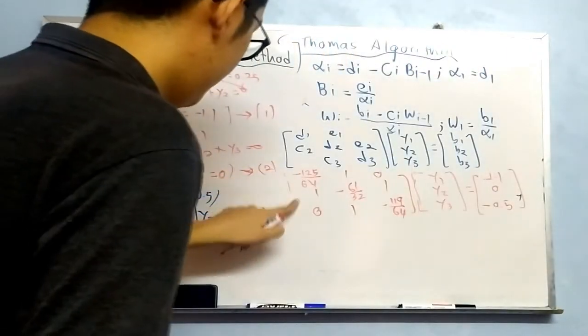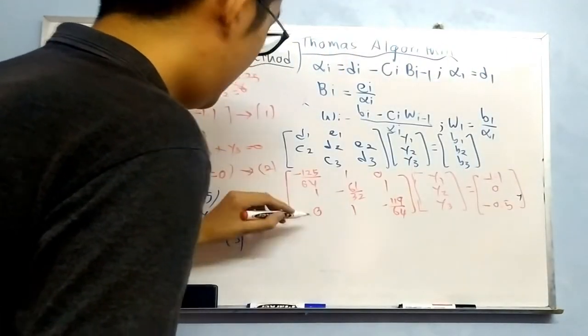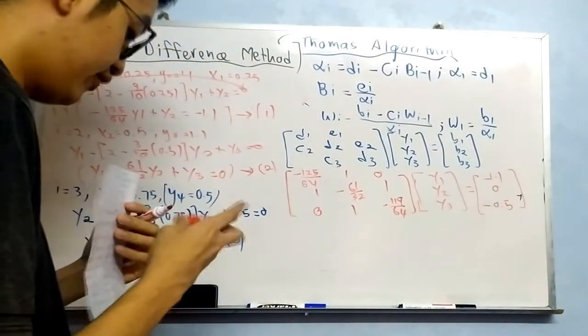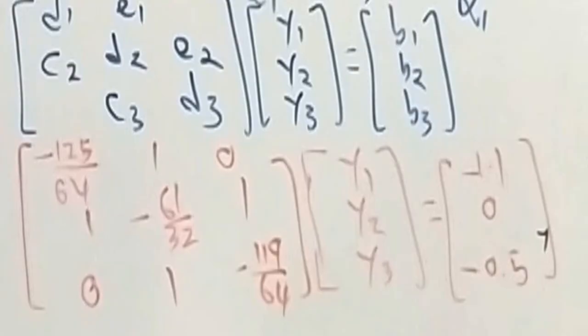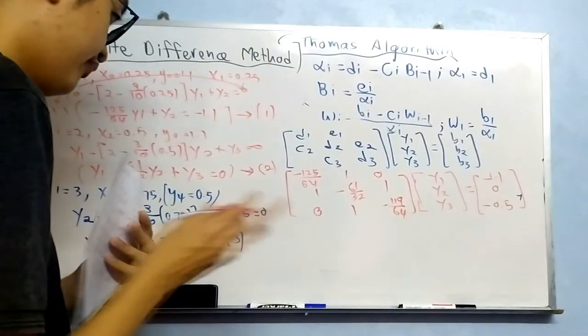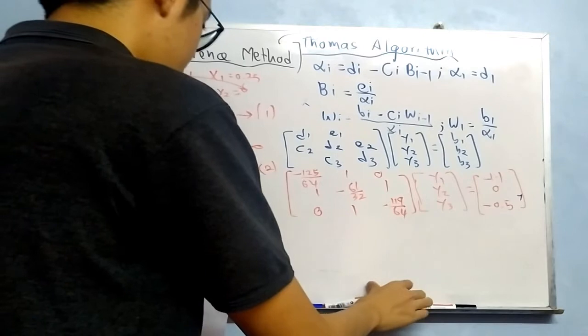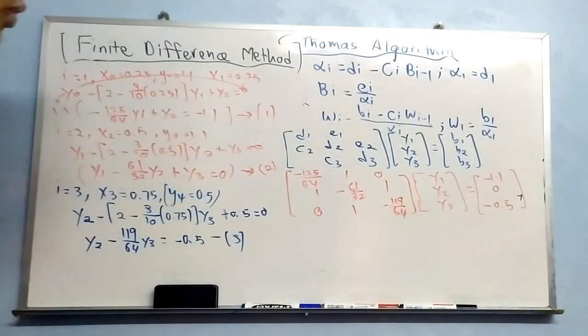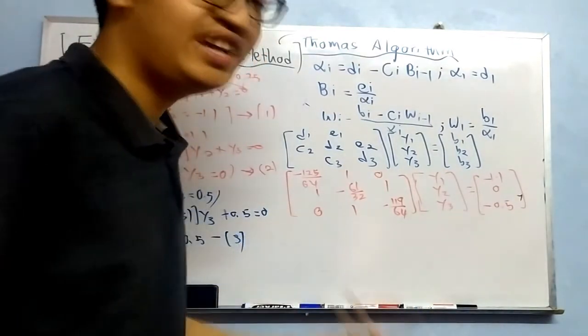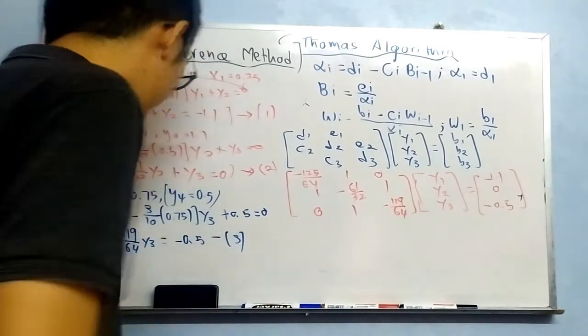So we obtain the answer in matrix form. After getting all these values, we are ready to apply the Thomas algorithm.